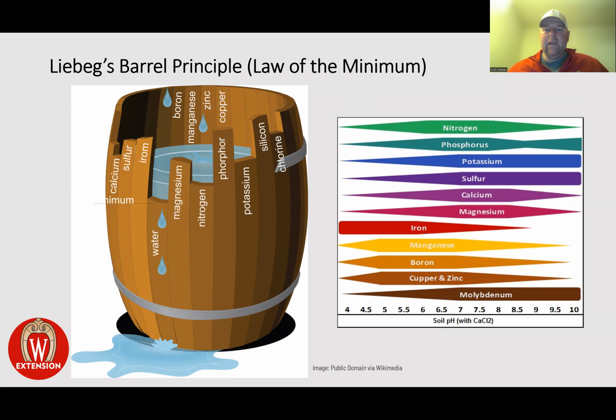The graph on the right, and I know Kevin and Jordan will talk about that more, gives us that reminder of trying to match up our soil pH ratings with that widest bar of all our different nutrients. That's when those are most available for nutrient cycling within our soil, and then they can be taken up by our growing crop plant.